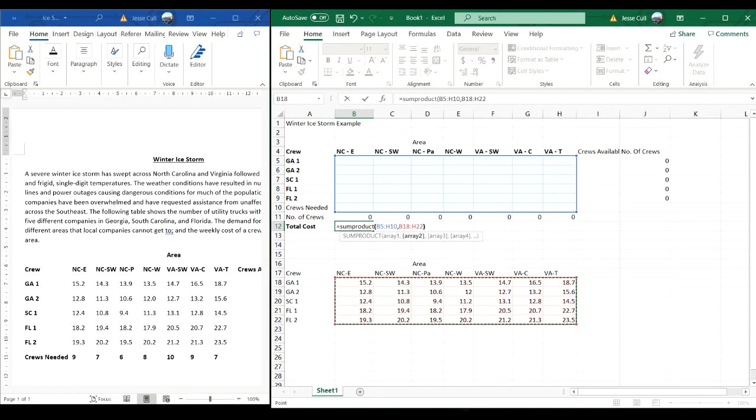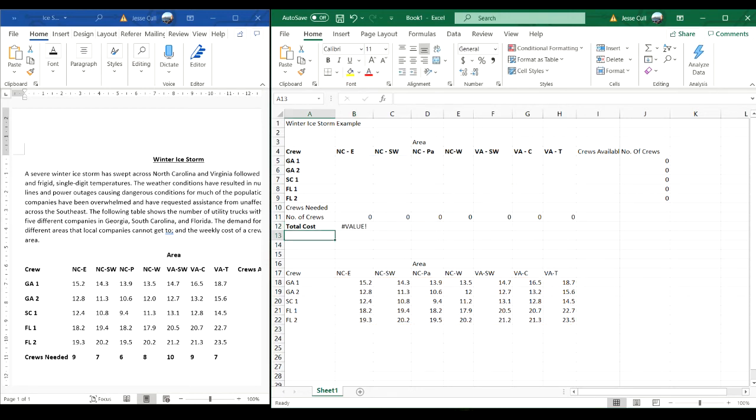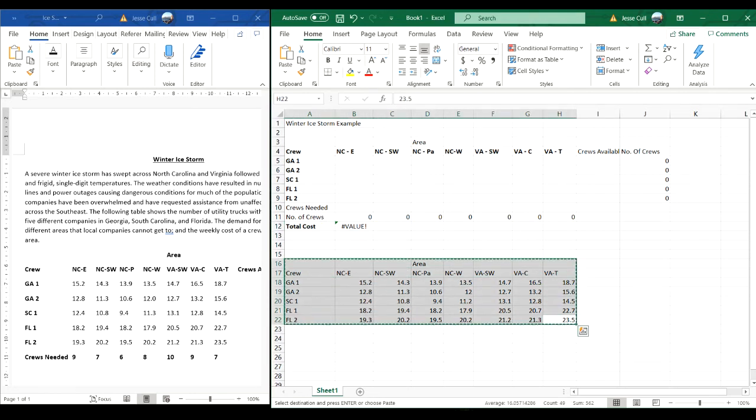We close our bracket. Huh. Okay, maybe in this version of Excel, what I have to do is I have to take this information, and I do have to do it over here.